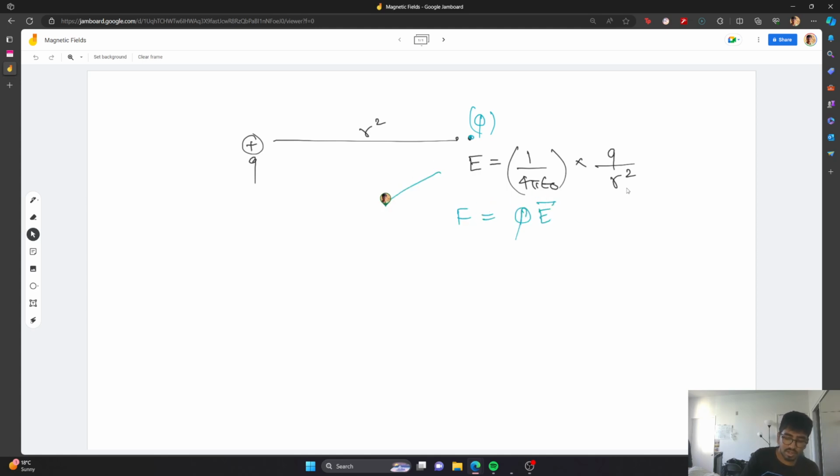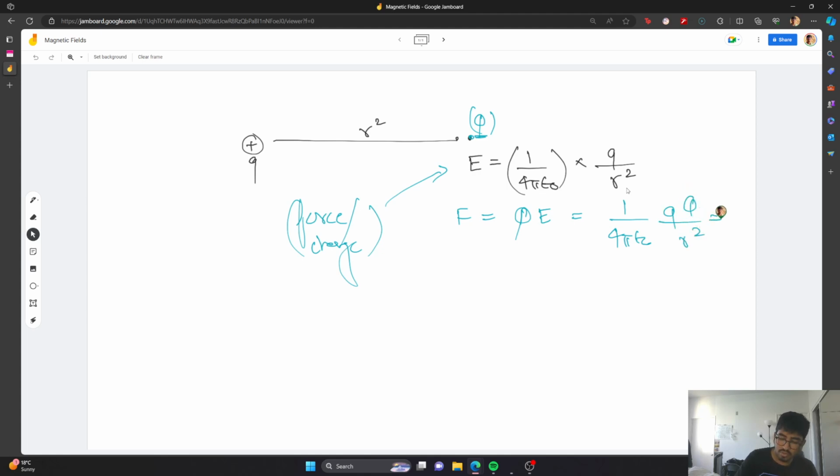So electric field was said to be force per unit charge, like so force on one unit charge. So if there is more than one unit charge, like Q units of charge, the force will be Q times the electric field. So net it becomes 1 by 4 pi epsilon naught and q by r square, right?